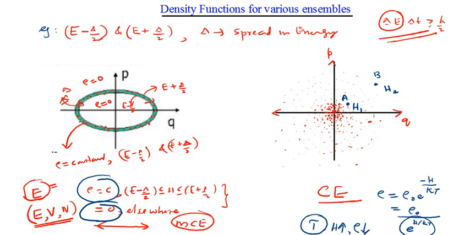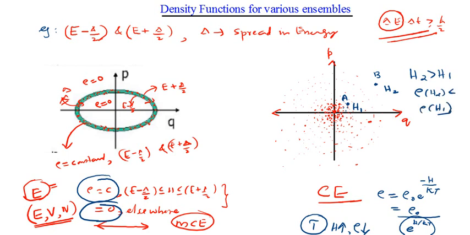Whenever the system has an energy H1, the density of representative points is more. And when the system has an energy H2, where H2 is greater than H1, you can see that rho at H2 is less than rho at H1.